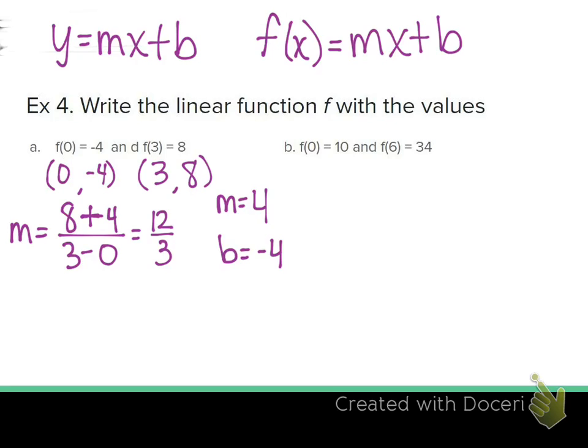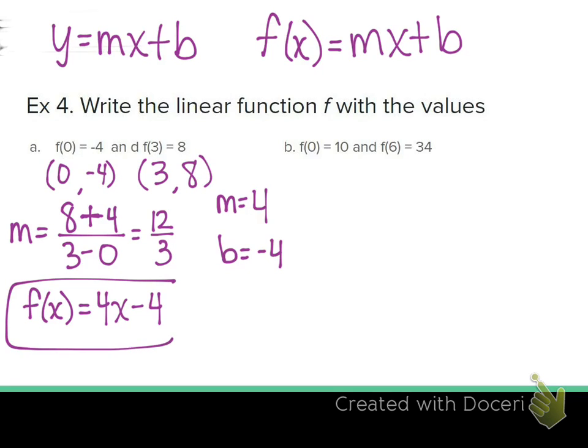So when we write our answer, we need to write it, instead of a y, an f of x. Good, 4x minus 4. Now, if this were on a test or a quiz or something, and you wrote your answer with a y instead of an f of x, I'm not going to take off points for that.